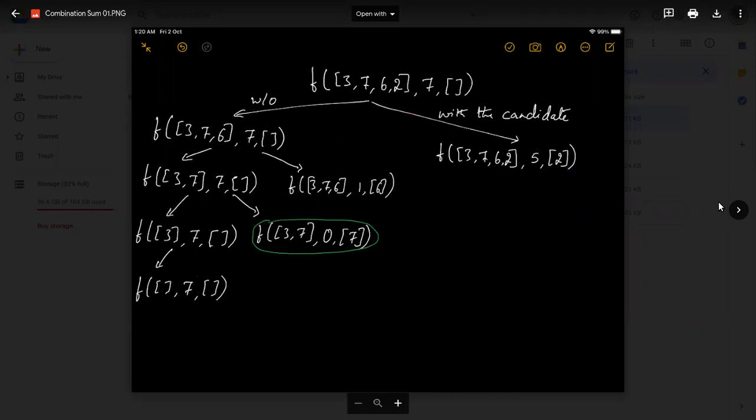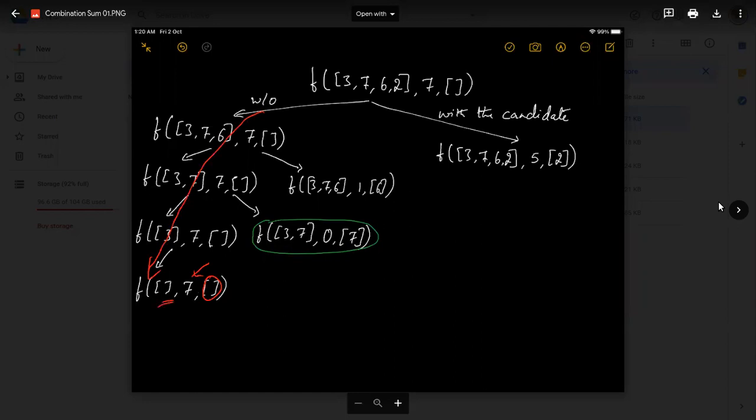Otherwise, if you go further, just for this example, maybe writing the whole example is not going to be easy on the screen, so I'll just show the key parts of this one. If you go on the left extreme path here, every time we're skipping an element, and even at the end, I'm not going to add any element, the capacity is totally unused, and the remaining set of candidates becomes empty.